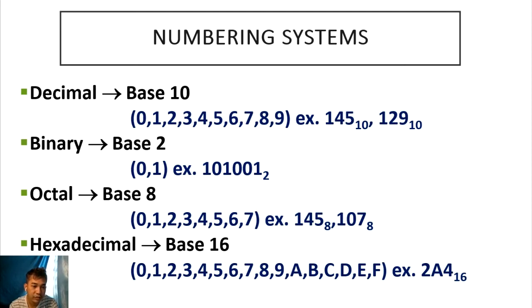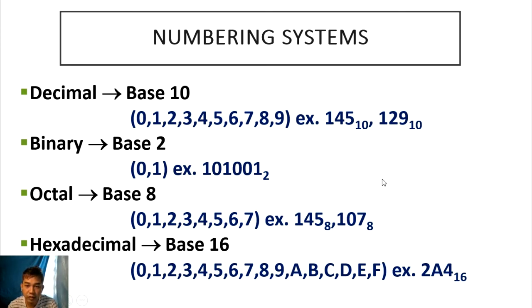Then the next number system, we have the octal, also known as base 8. So each digit can contain 0, 1, 2, 3, 4, 5, 6, and 7. So say for example, we have 145 base 8 and 107 base 8. As you can observe, sa octal we have 145, which can also be a decimal number 145.